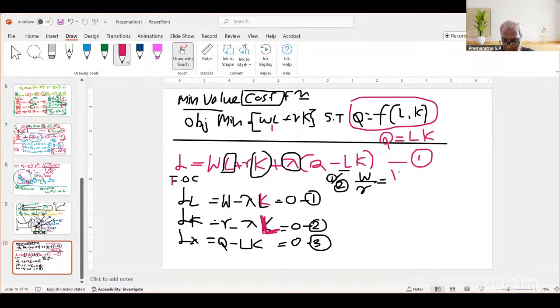Then the K divided by L. This is equation number 4.